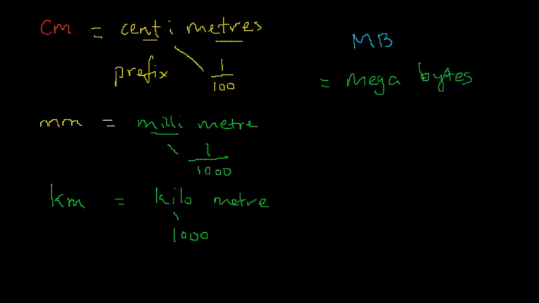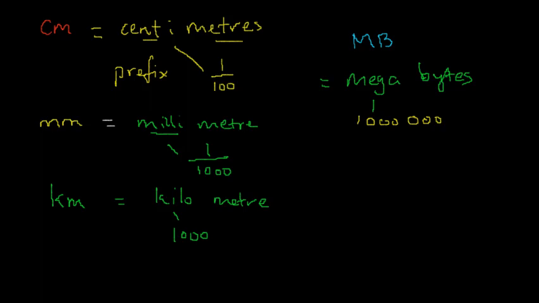So in this sense, mega is again a prefix. Now byte is a measure of how much information. It's a unit of information in computers, so I shan't go into that, but I'll just explain what we mean by mega. Mega means 1 million. So megabytes means 1 million bytes.